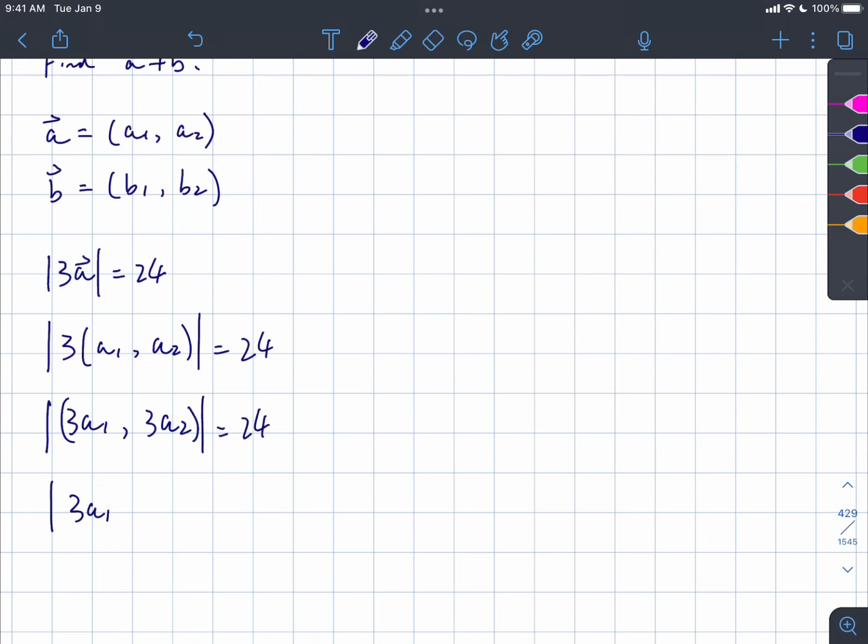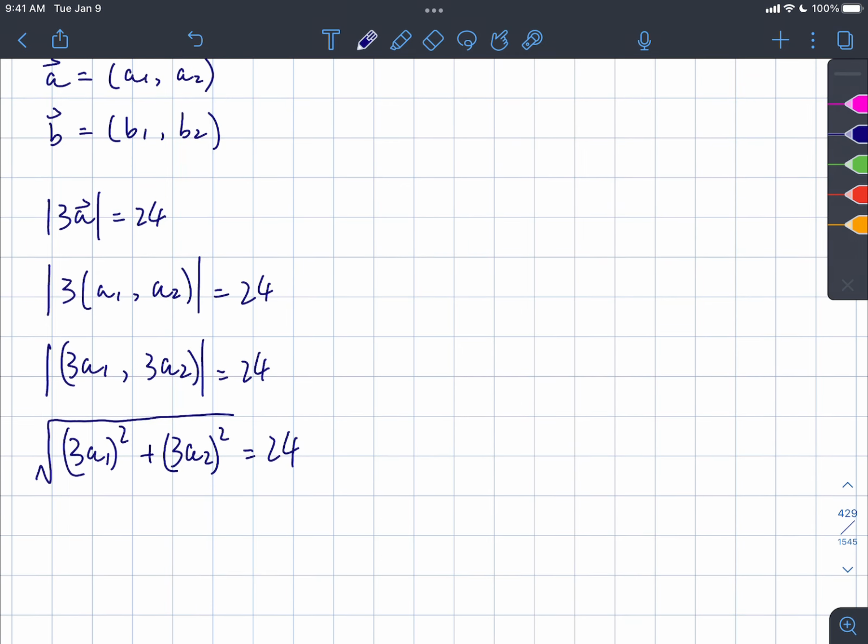That will be 3a1 all squared plus 3a2 all squared. Then we get rid of the magnitude lines and draw the square root. If you don't know how the square root came about, this is the Pythagorean theorem. If you're not familiar with that, make sure you go back and review it a little, and then this will make sense.